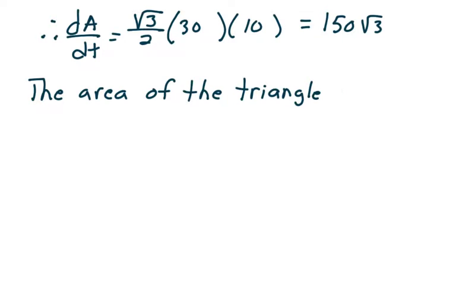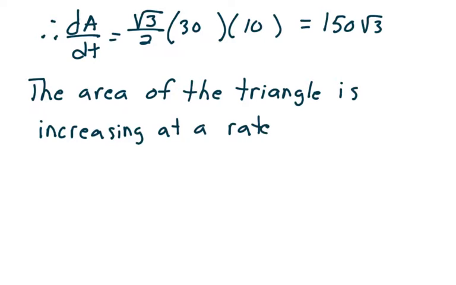So the area of the triangle is increasing at a rate of 150 root 3 square centimeters per minute. The units of area are square centimeters. The units of time in this problem happen to be minutes. And that's how you do example 1.